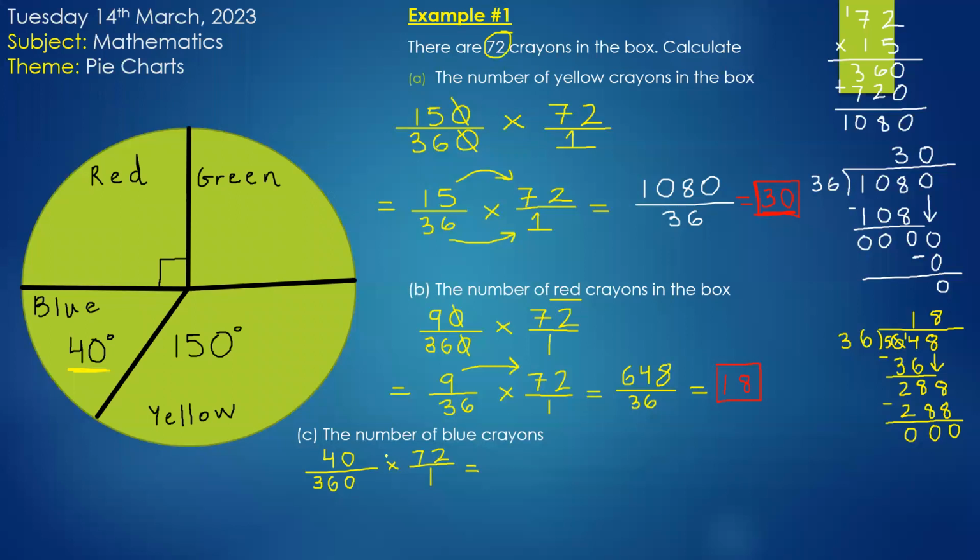What do we do at this point? Cancel out the zeros. Very good. So we're left with what? 4 over 36 times 72 over 1. Very good.